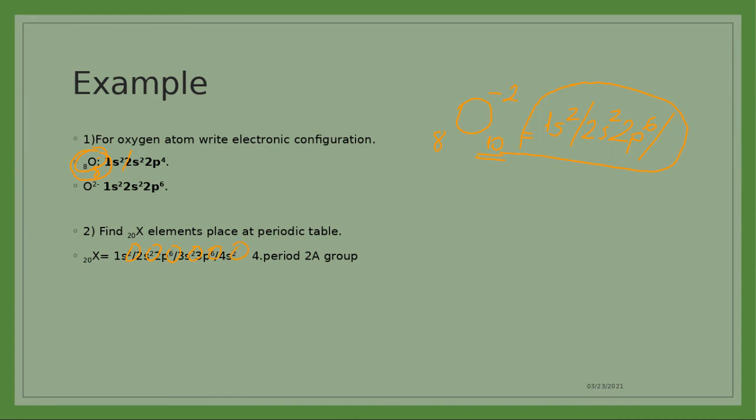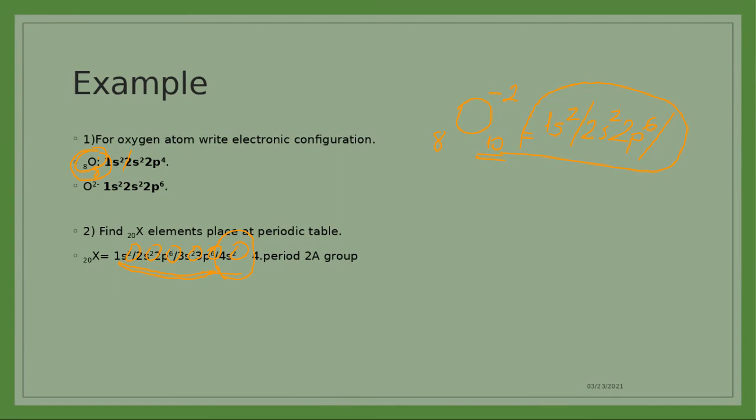Okay, you finish here, and you have to look at the last shell to find where the element is. Don't forget that. You don't need to look at the other shells, but while you're writing, you have to collect these electrons.